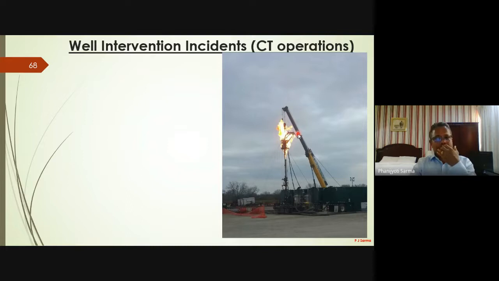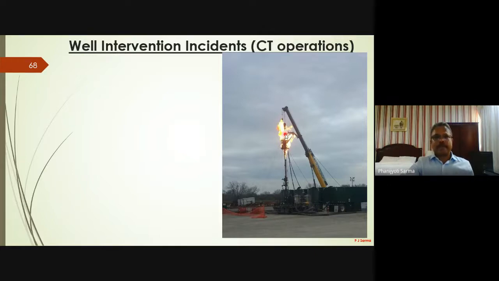So this is during the coil tubing operation. If the equipment is not properly maintained, an incident might happen. This is an incident that happened during a coil tubing operation where the primary barrier, the stripper, fails and the gas gets leaked, and in the process of friction, it gets ignited.